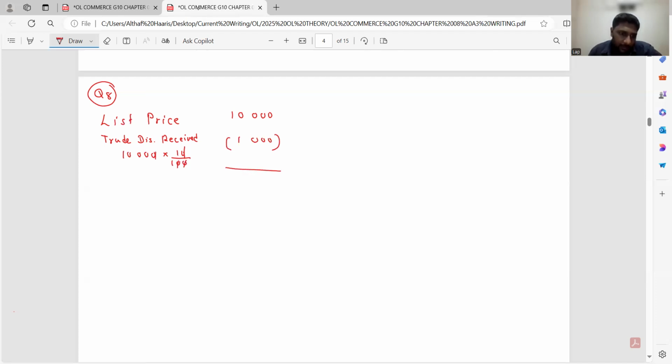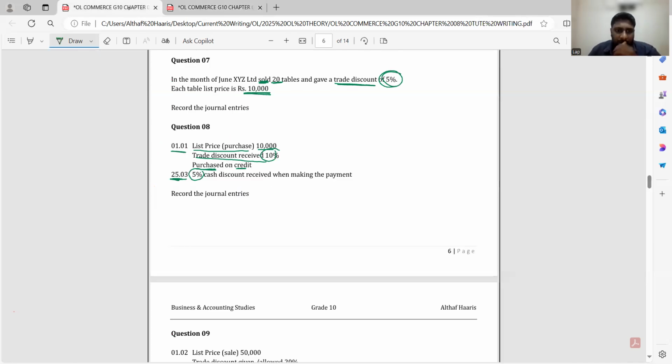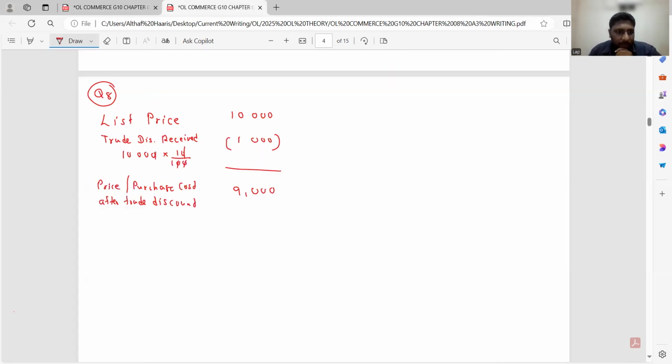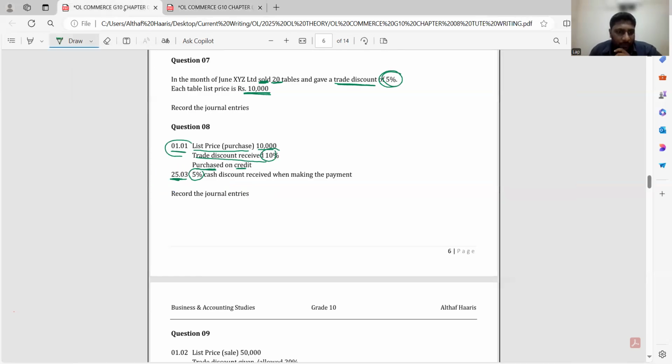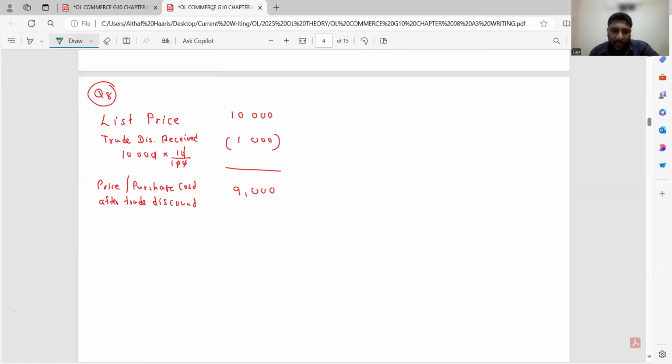Then the purchase cost after trade discount is 9,000. So let's write the double entry for this 9,000 first. This is happening on 1st January, so I'm going to write the double entry for 1st January.